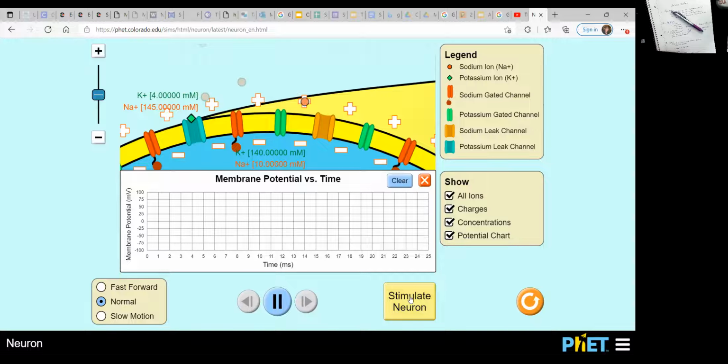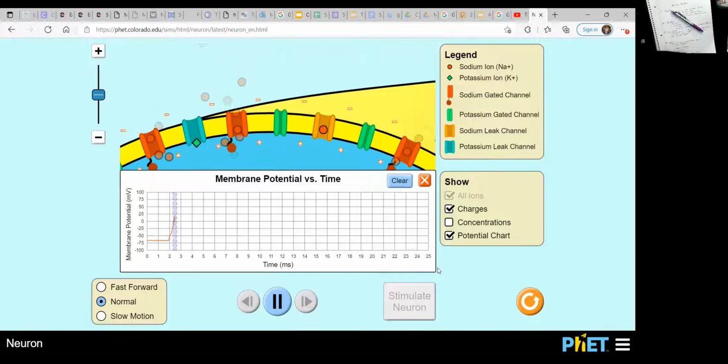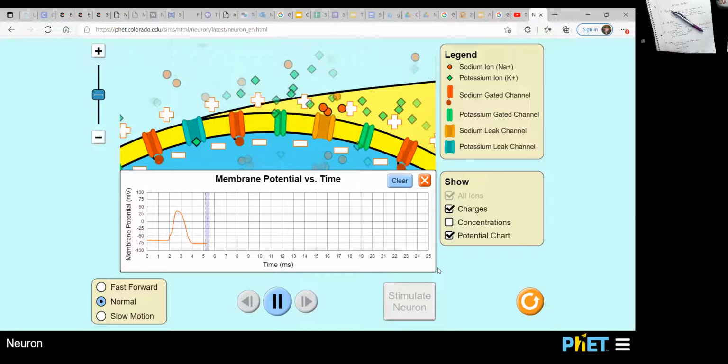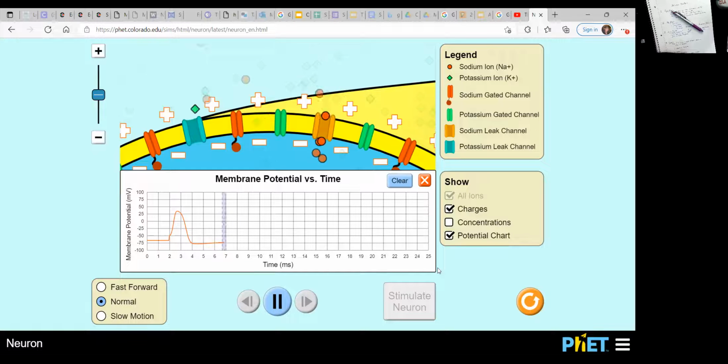So we can stimulate the neuron. It has been stimulated, and you see that the potassium ions flow outward, and then the sodiums are influxed.